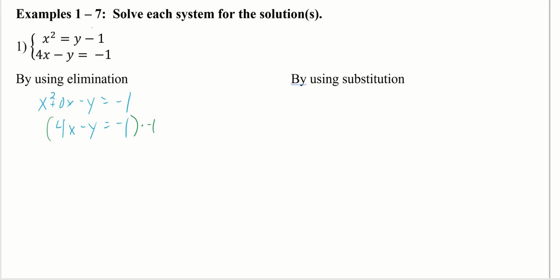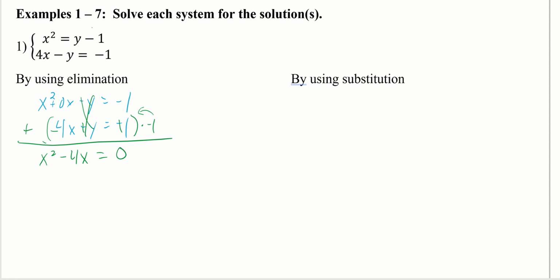When I distribute in, it just changes the sign for all of these. And now I can add straight down, right? So I have x squared minus 4x. The y's cancel, or eliminate, I should say. And then here we have -1 plus 1, so those go away as well.